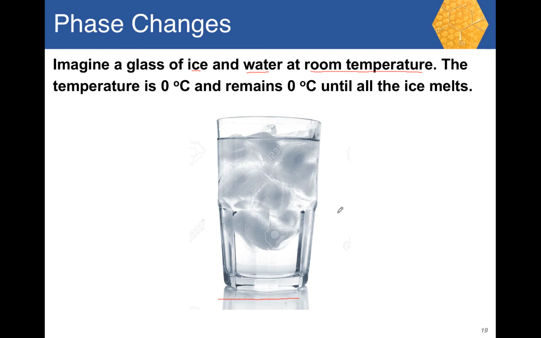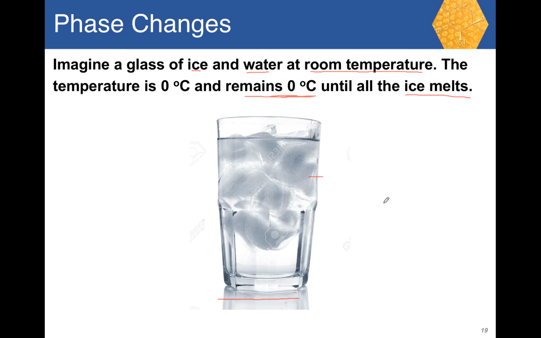After a while, what you'll notice is that all the ice melts and we just have a glass of water. But the process involves that ice is melted because of the heat that's transferred from the environment. But the key here is that the temperature remains 0 until all the ice melts.